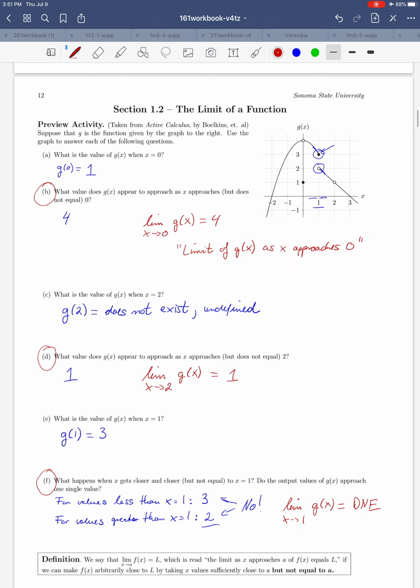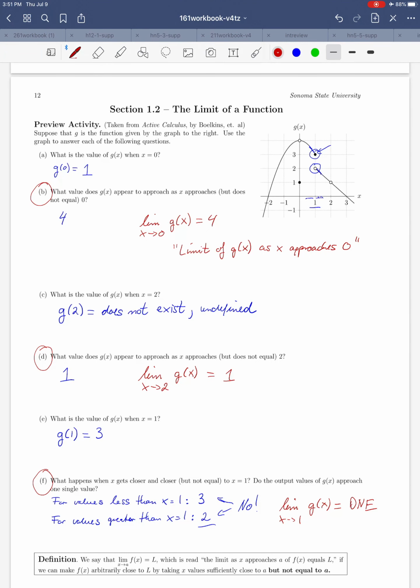At the bottom of the page, we have a definition. So let's just read that together. So we say that the limit as x approaches a of f of x is equal to L, which reads the limit as x approaches a of f of x equals L, if we can make f of x arbitrarily close to L by taking x values sufficiently close to a but not equal to a. So when we are computing these limits, we don't care what happens at exactly one point.